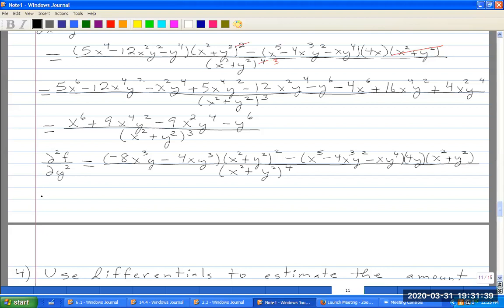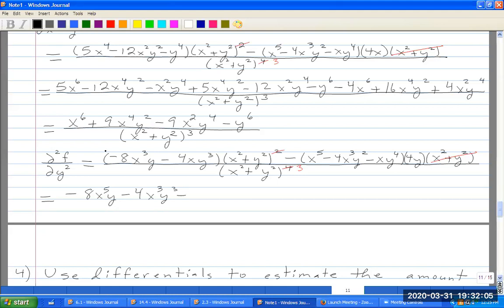So this is equal to, cancel out one of these x^2 + y^2. And so you get, multiplying everything by x^2, I get a negative 8x^5y minus 4x^3y^3.